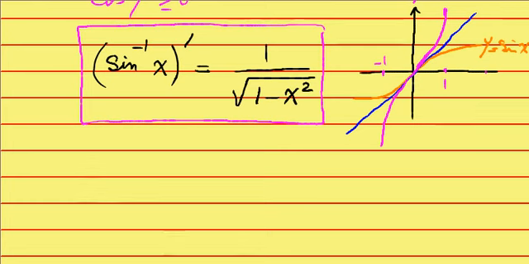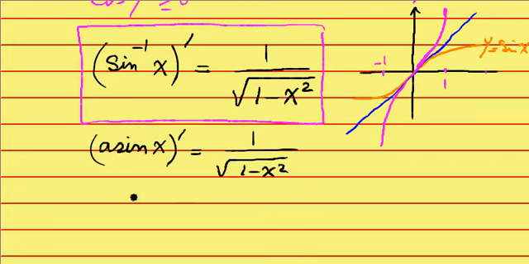Just before I go there, let me just remind you that the same formula might be written like this: arcsine of x differentiated is going to give you 1 over radical 1 minus x squared, or if you write it this way, arcsine of x differentiated gives you 1 over radical 1 minus x squared.